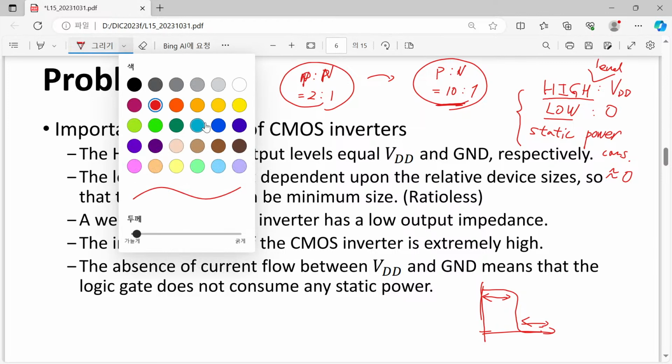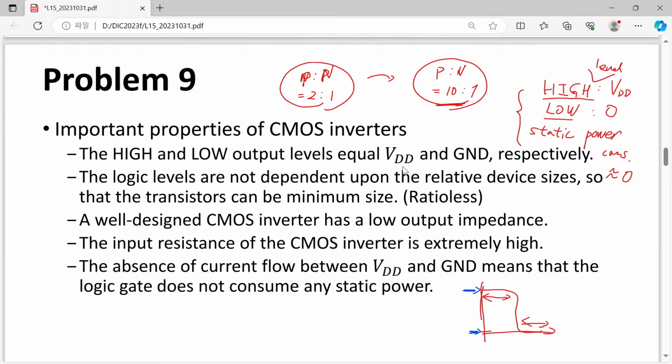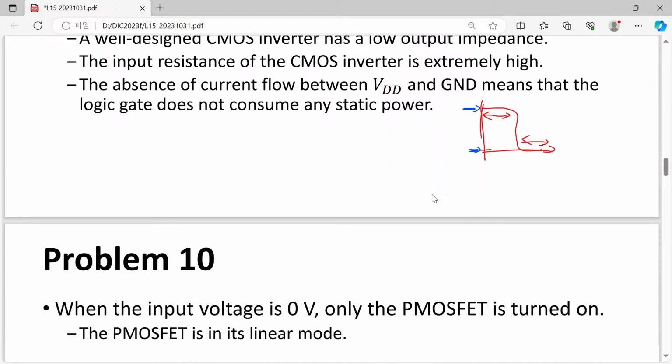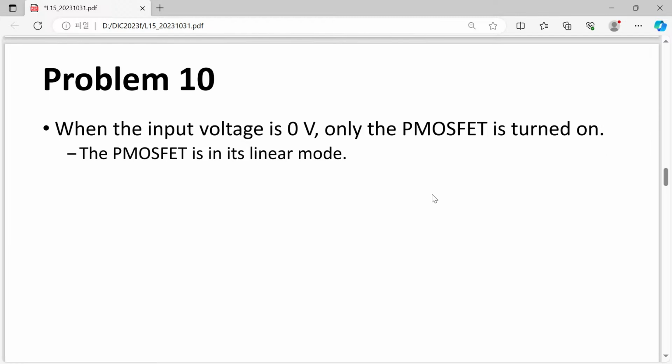My question was whether this level is affected by this ratio or not. So please note that it has ratio-less properties in the case of CMOS inverters.